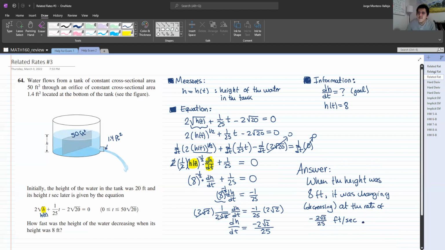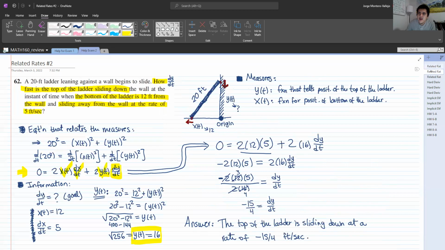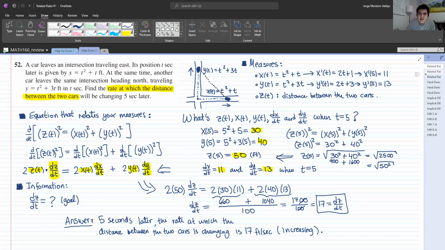As you have seen already, as I am solving the problems, what I like to do is organize the steps, right? I like to write down the measures that matter. And then I write down the equation that relates the measures. And then once I have written down that equation, I implicitly differentiate.